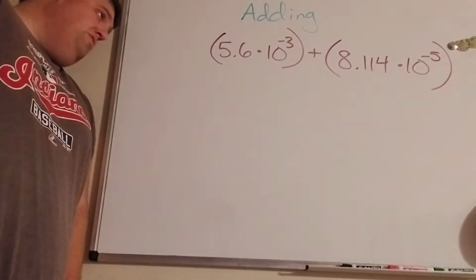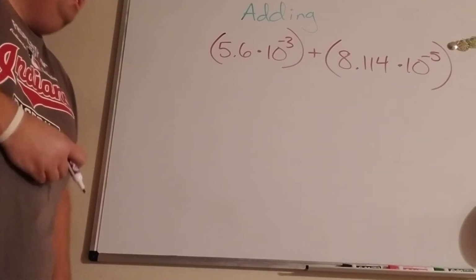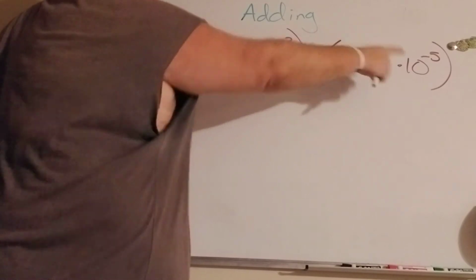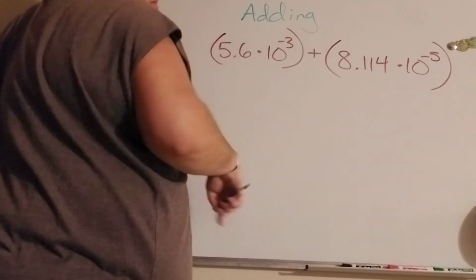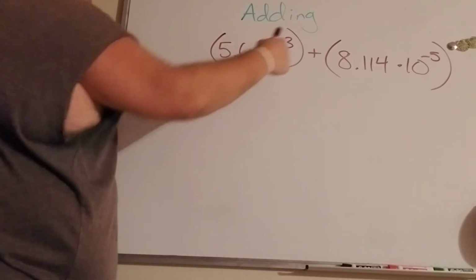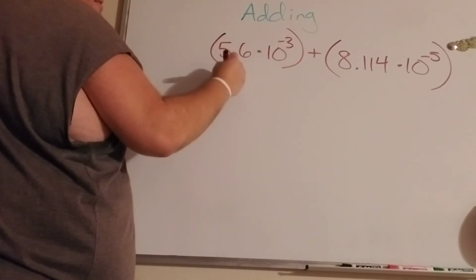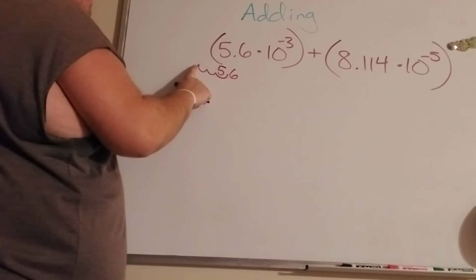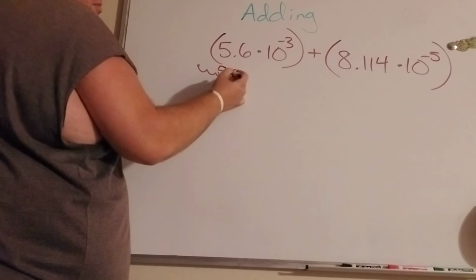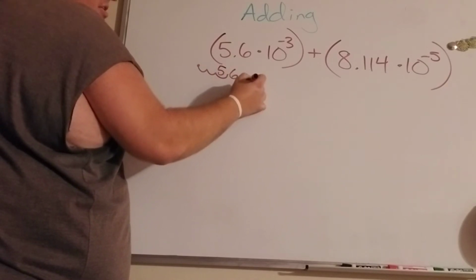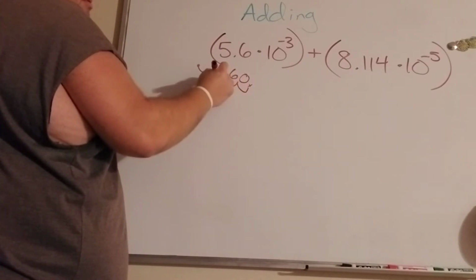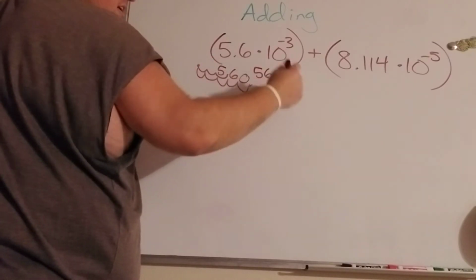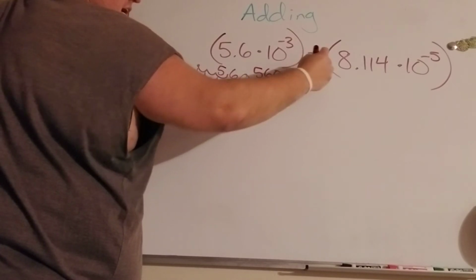So if you want to change the exponents, you can do that, but you want to make the bigger one, remember this is bigger than that this time, into the smaller one. So if I want to change this to a negative 5, 1, 2, 3, where would it move 5 spaces from? Well, this would be 4, this would be 5. 1, 2, 3, 4, 5. So that would be 560 times 10 to the negative fifth.